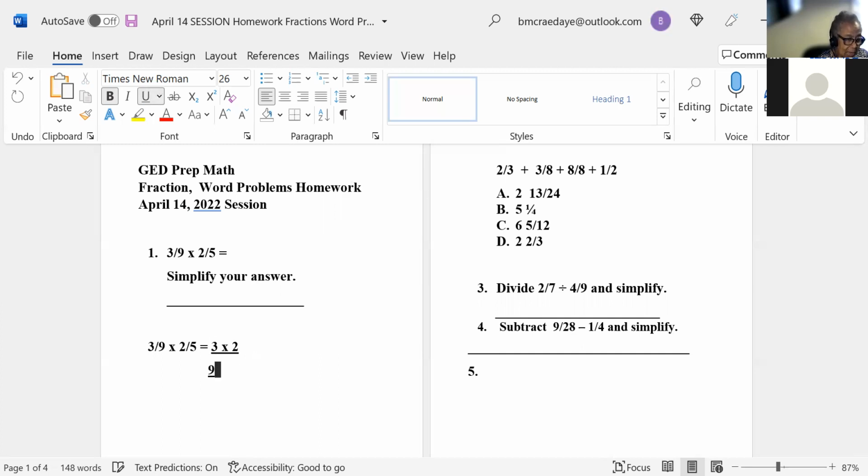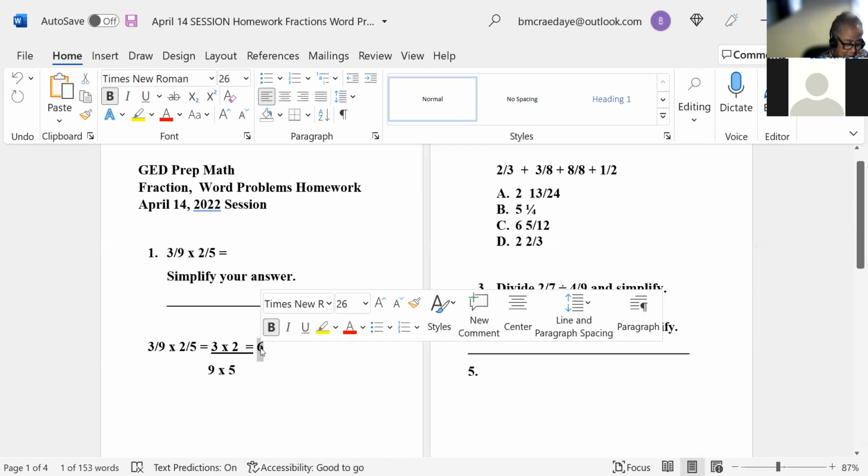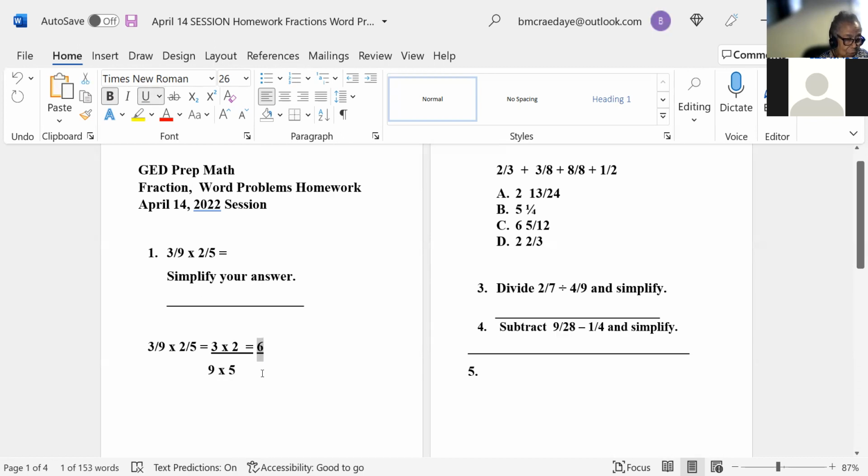What's 3 times 2? 3 times 2 is 6. And 9 times 5 is equal to 45. So we put 45 as our denominator.